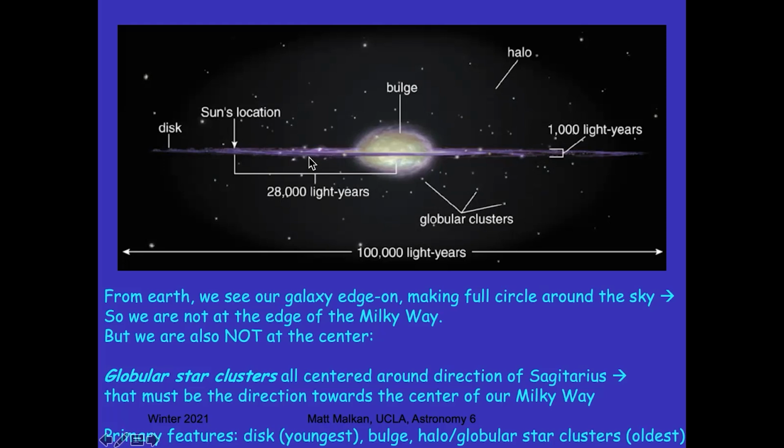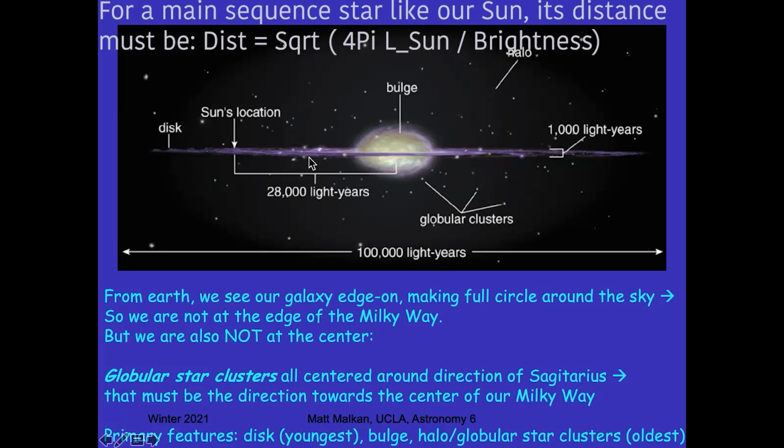In particular, for example, let's look at stars on the main sequence that are the same temperature as the sun. They must have the same intrinsic luminosity as the sun, right? So if I see how bright they appear to be, then I use my brightness luminosity formula, and I could work out, assuming that those stars are the same as the sun, how far away that star cluster is.